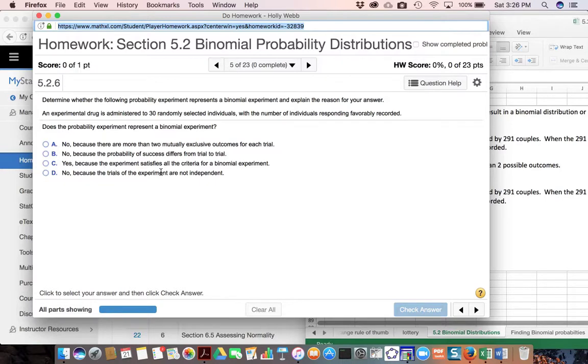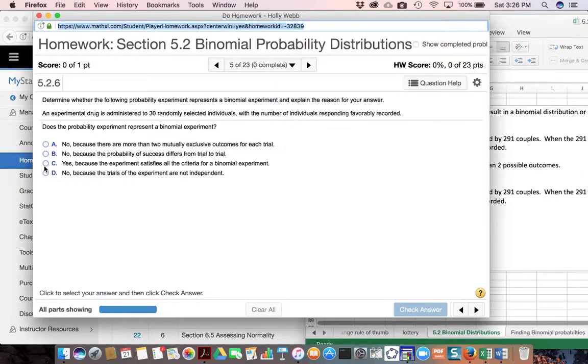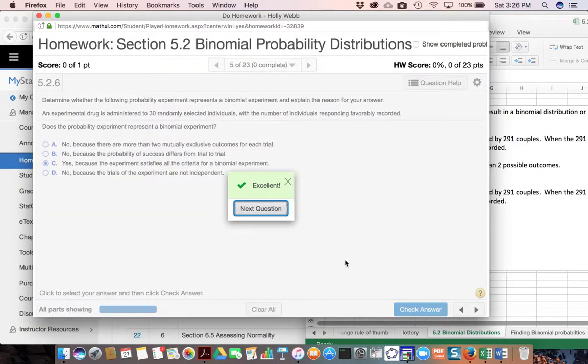Yes, because the experiment satisfies all the criteria of a binomial experiment, these 4 listed here. So not a perfect question because it doesn't actually give us a probability of success, but I'm thinking that because they are saying that they're all taking the same drug, the probability of a favorable outcome would be the same.